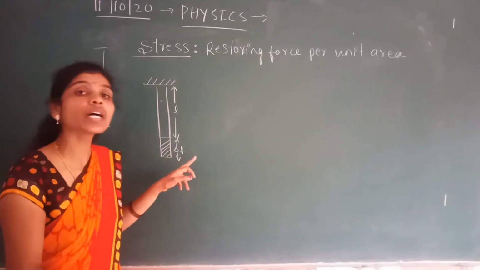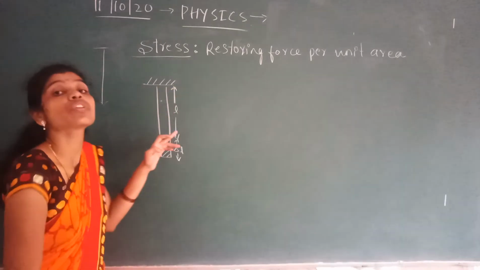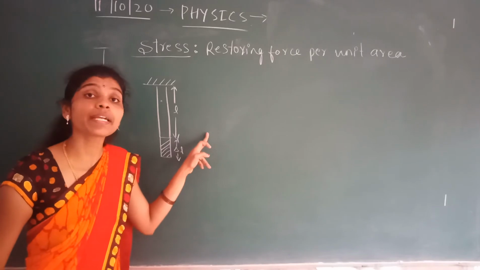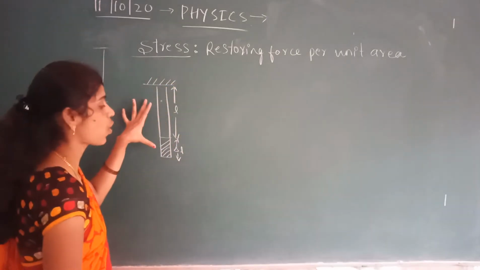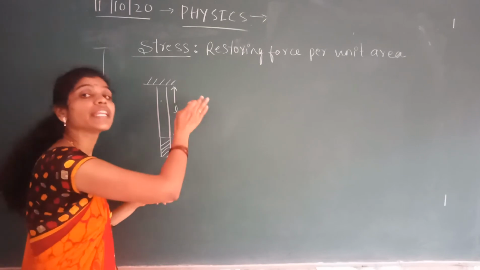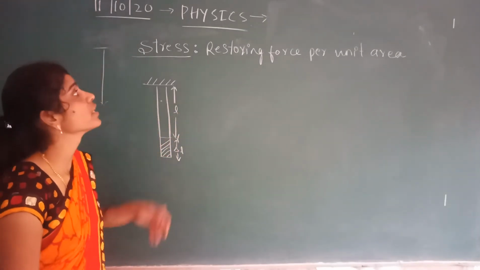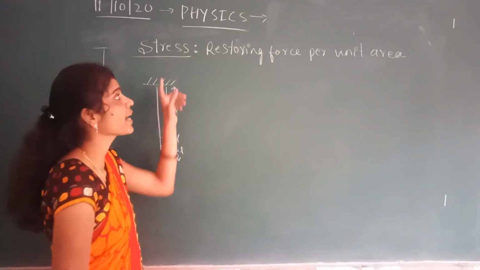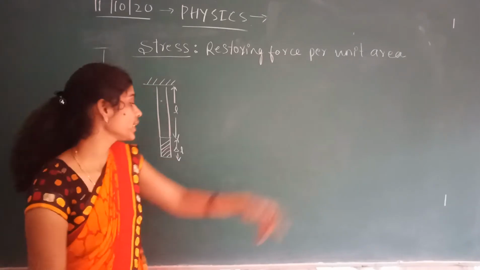When we remove the applied external force, it regains its original size or shape. Why? Because a restoring force exists in the object, so it regains its original size or shape. Therefore stress is defined as restoring force per unit area.